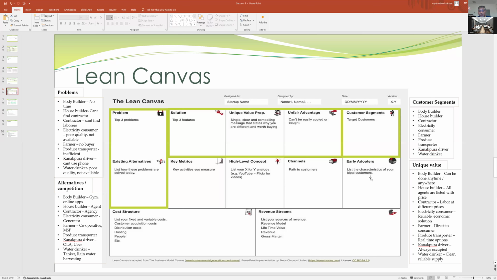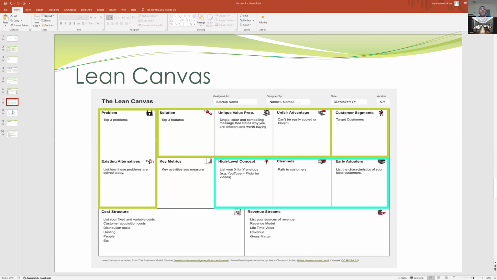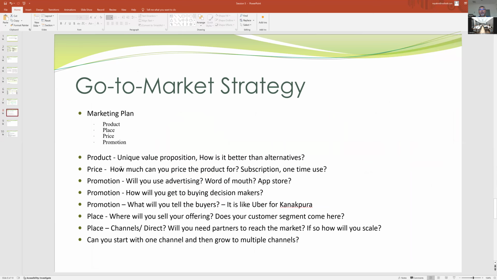Or some contractor who interacts with 15 house builders. Then that is your initial adopter. You want to sell your idea to those people first. They have all the problems, and they are clearly in the segment that you defined. So that's an early adopter. That's what you're trying to fill with this go-to-market plan.